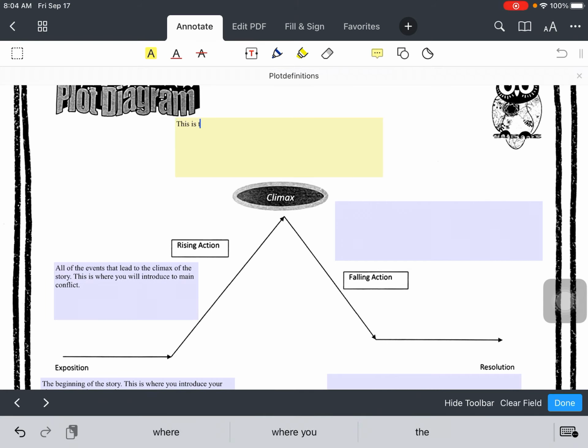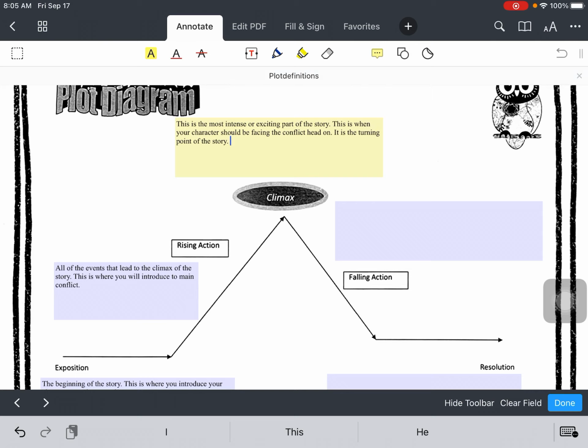So this is the most intense or exciting part of the story. This is when your character should be facing the conflict head on. It is the turning point of the story. So whenever the character is facing whatever the problem is head on, it's also going to be the turning point.